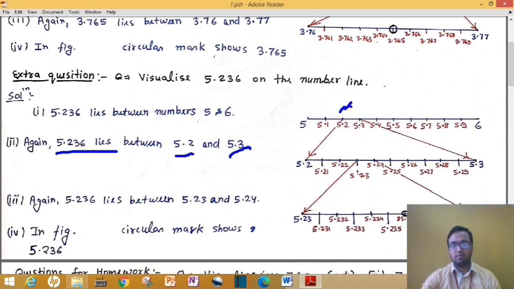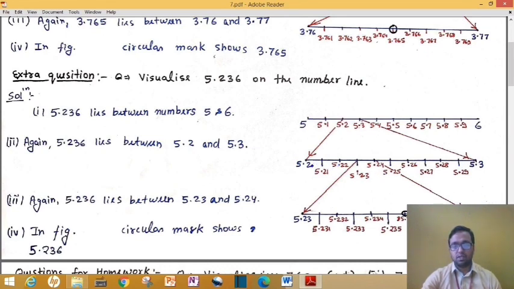So see here, we have the first number 5.2, and the second number 5.3. Between these two numbers our actual number will lie. So here we will again make this diagram. The first end will be shown by 5.2. At the second end we will write 5.3. Okay, and 5.2 and 5.3 is further divided into 10 divisions.